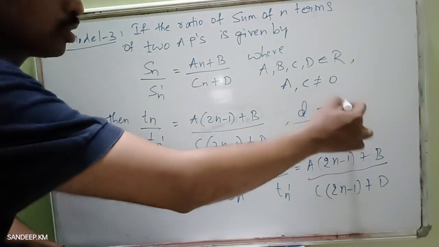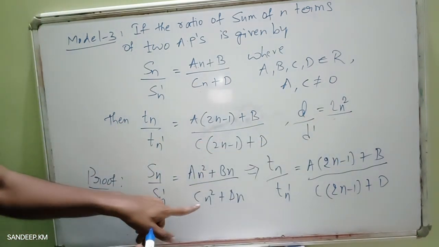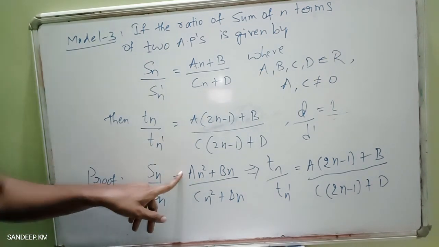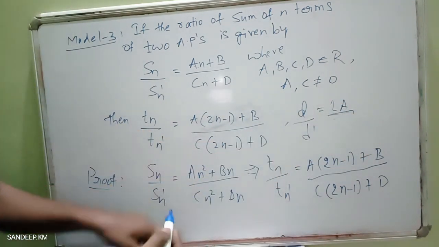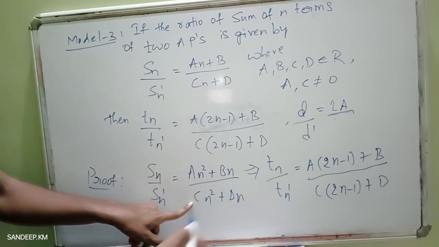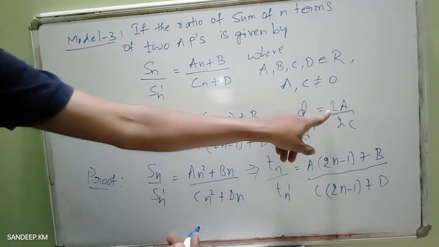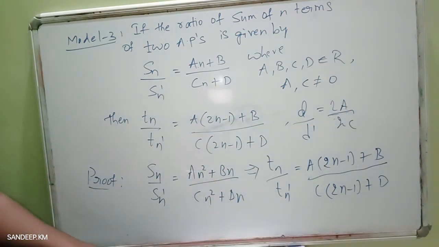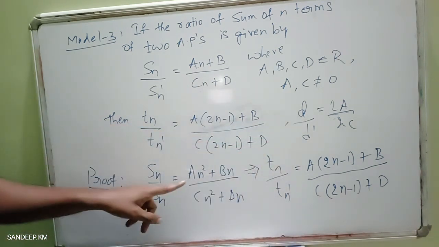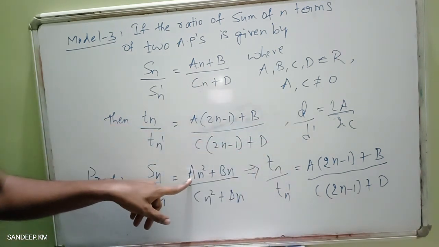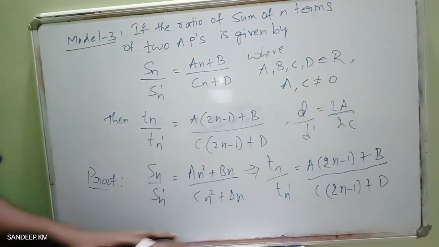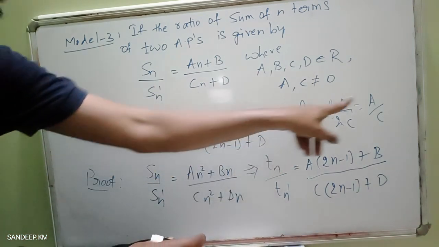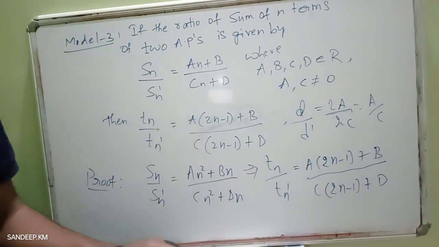I'm sorry, wait a second, it is not 2n square. 2 times the coefficient of n square means 2a divided by 2c. Actually I should write 2a into k and 2c into k, but it's okay. So d by d dash is equal to 2 times the n square coefficient divided by 2 times the n square coefficient, which is nothing but a by c. So the ratio of common difference is a by c, and the ratio of nth terms is this.